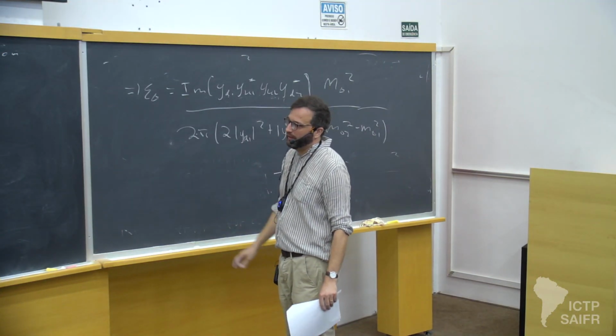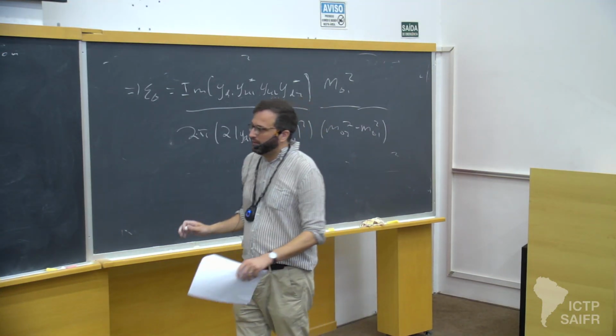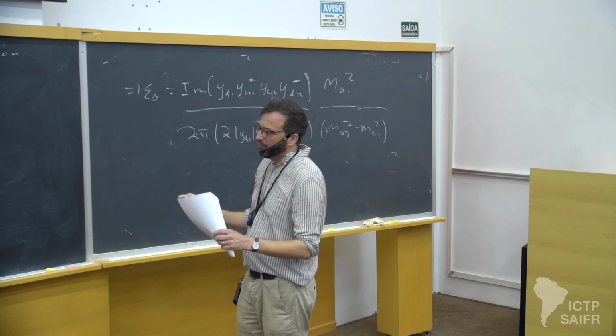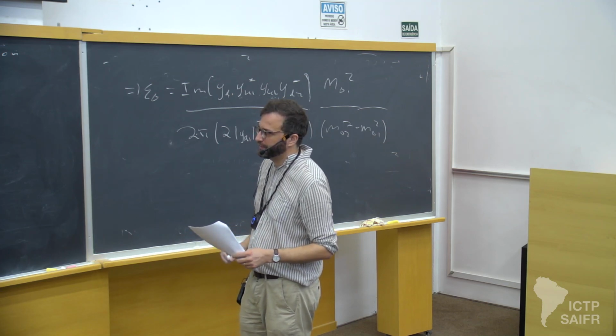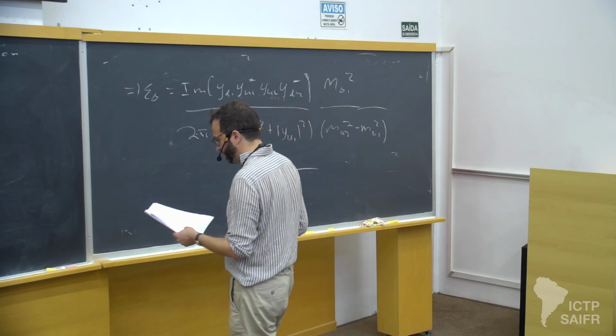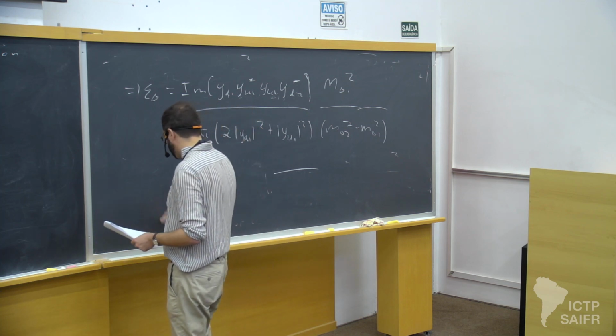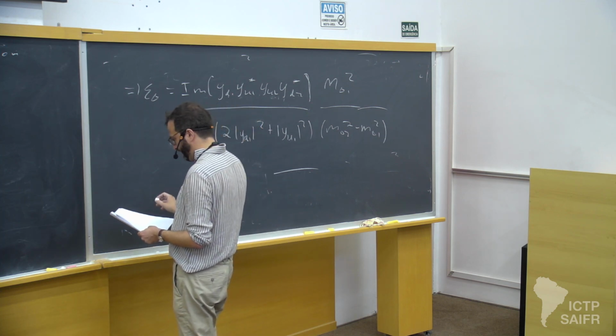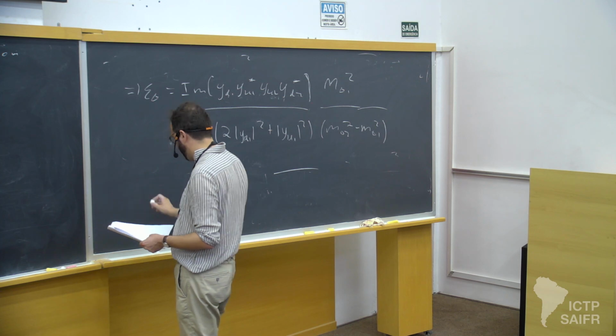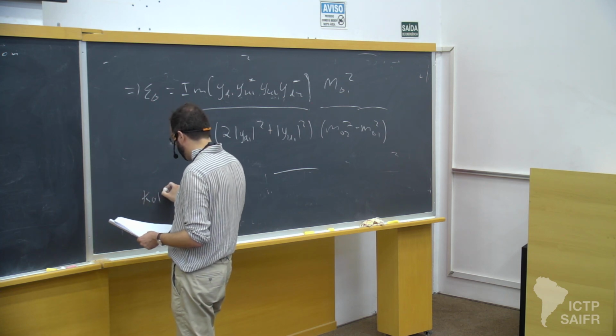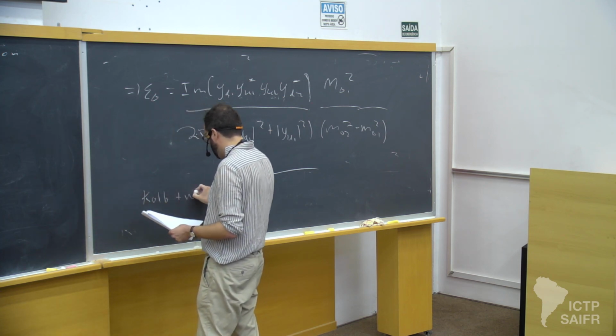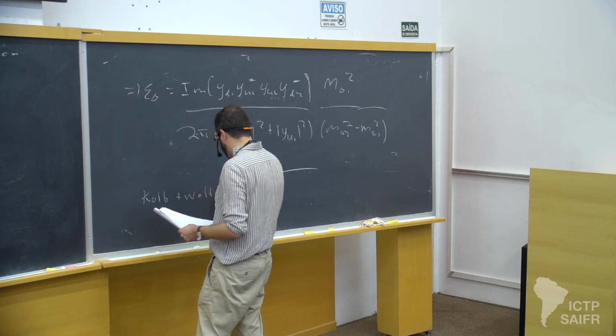What helped me a lot, I didn't have time to cover relations between matrix elements and from S matrix unitarity. But what helped me a lot when I was learning about baryogenesis, I can recommend this paper by Kolb and Wolfram.